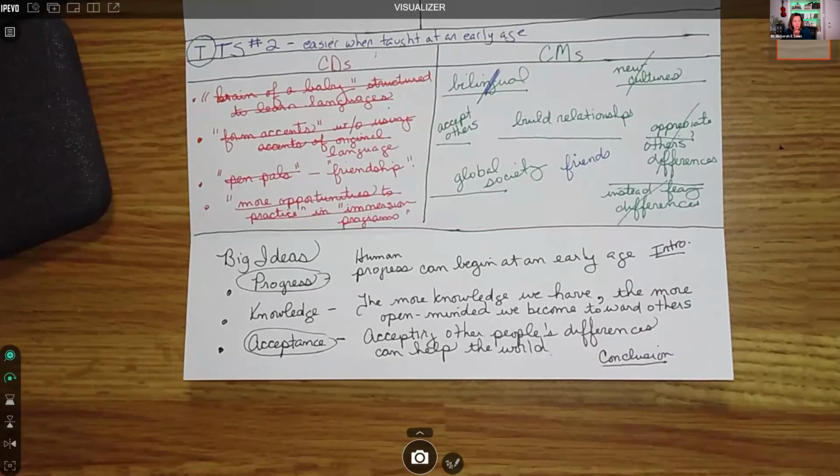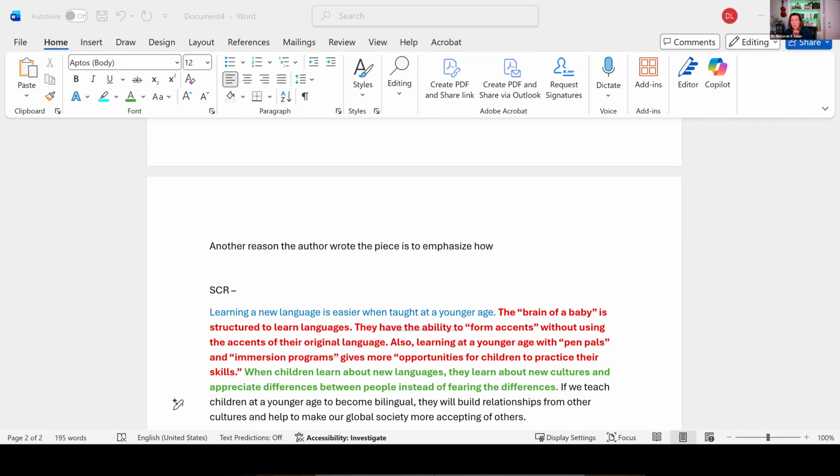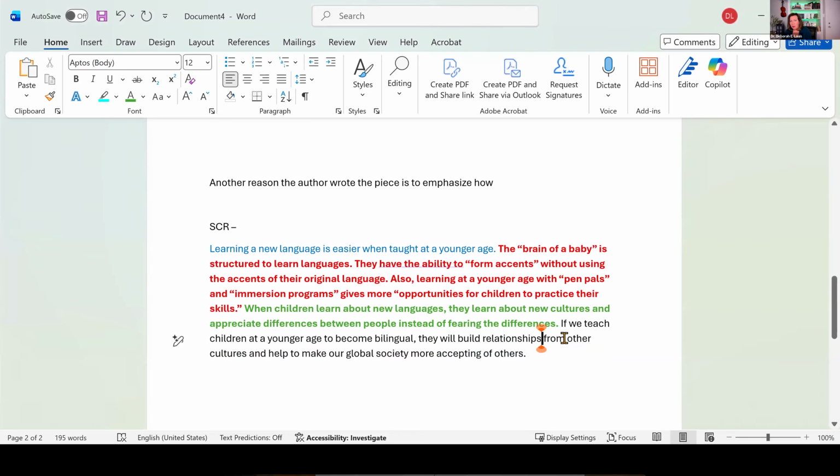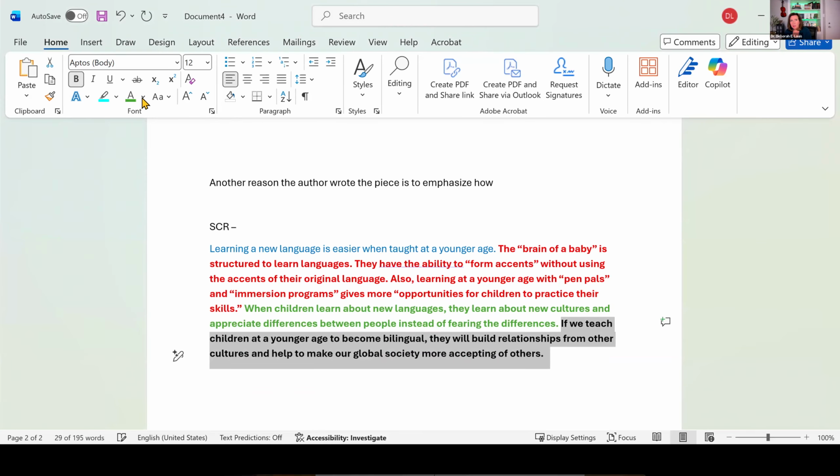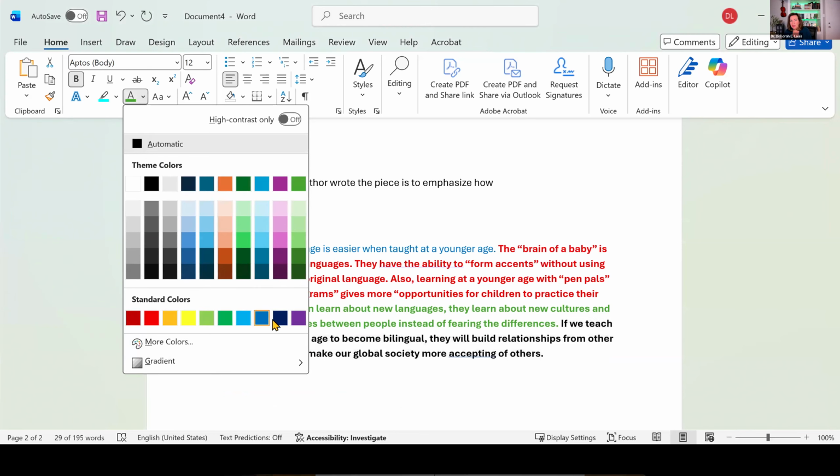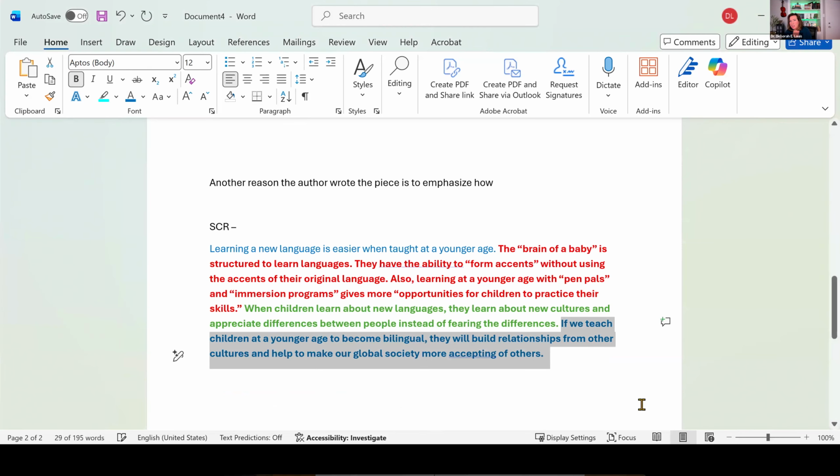So if you look at here, I'm writing right here. This is blue, concluding sentence. If we teach children at a younger age to become bilingual, they will build relationships from other cultures and help to make our global society more accepting of others.